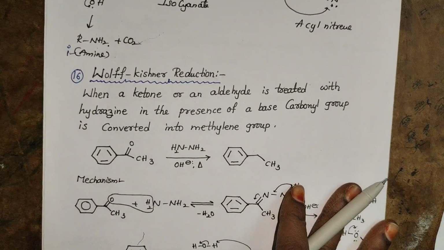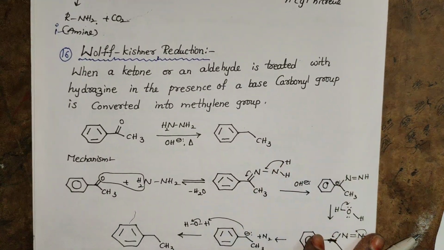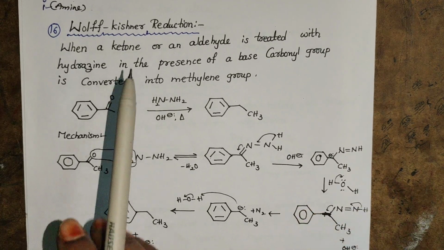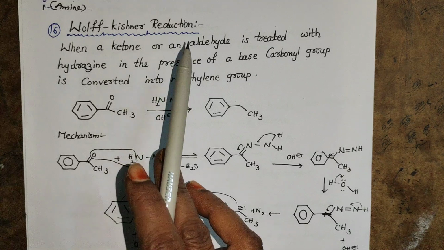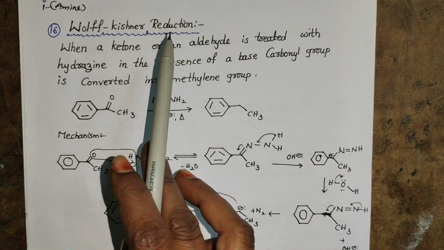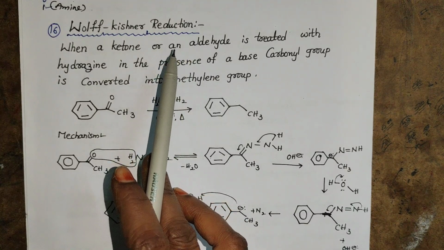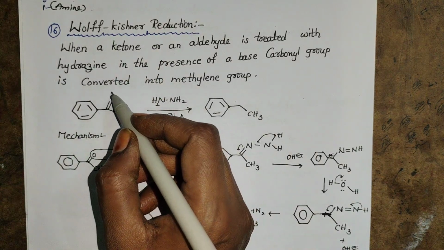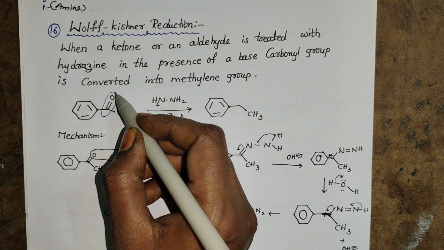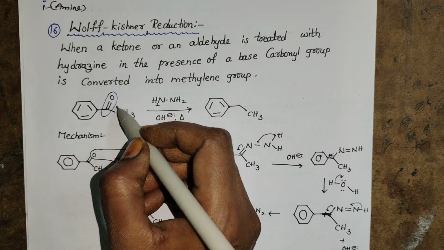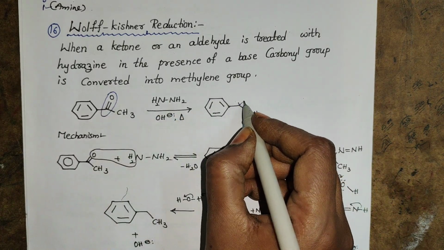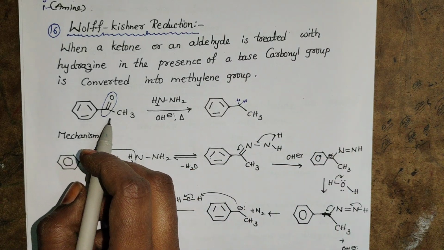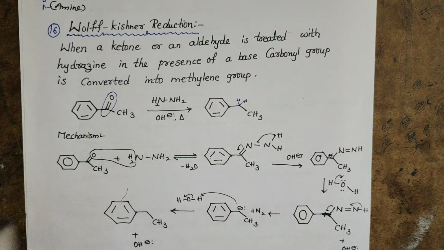Next, Wolff-Kishner reduction. It is also a very important reaction. Listen properly. Wolff-Kishner reduction is nothing but hydrogens adding or else oxygen elimination, right? Simply you have to remember, from this carbonyl group the oxygen will be eliminated. In the place of oxygen, two hydrogens are formed. Which reaction is this? Reduction reaction.